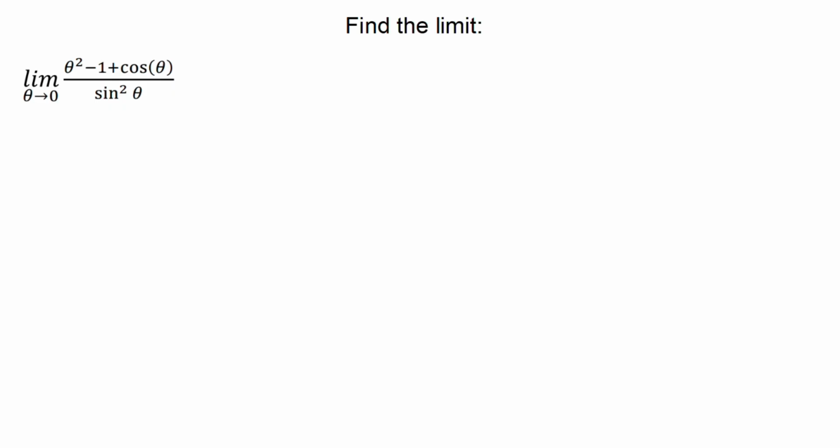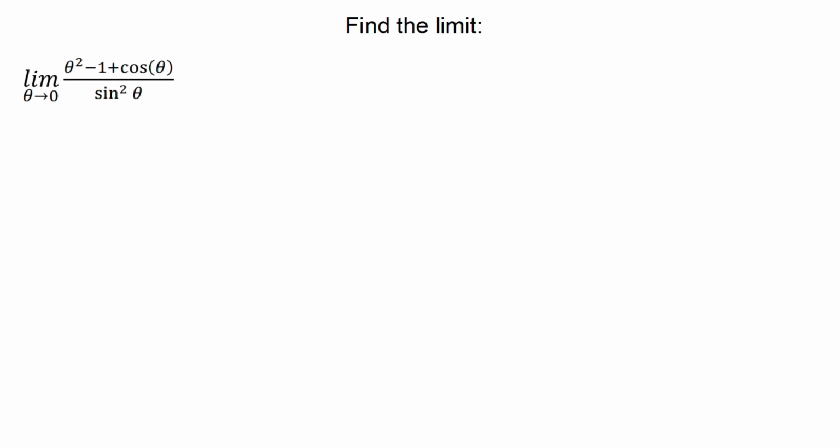All right, for number 4 here, for our next one, we're going to have to start getting a little bit more creative with these. So we've got a theta squared minus a 1 plus cosine theta all over sine squared theta. So the first thing we'd probably note is that theta squared over sine squared theta is very much like theta over sine theta.